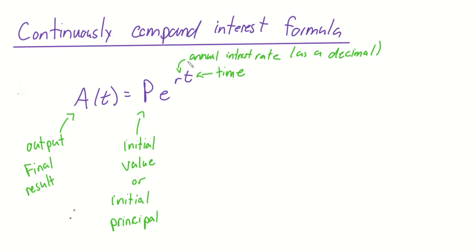Okay, Mark, what was E? 2.7. Yes. Sonny, did you get the same thing as Mark for E? Keep going.